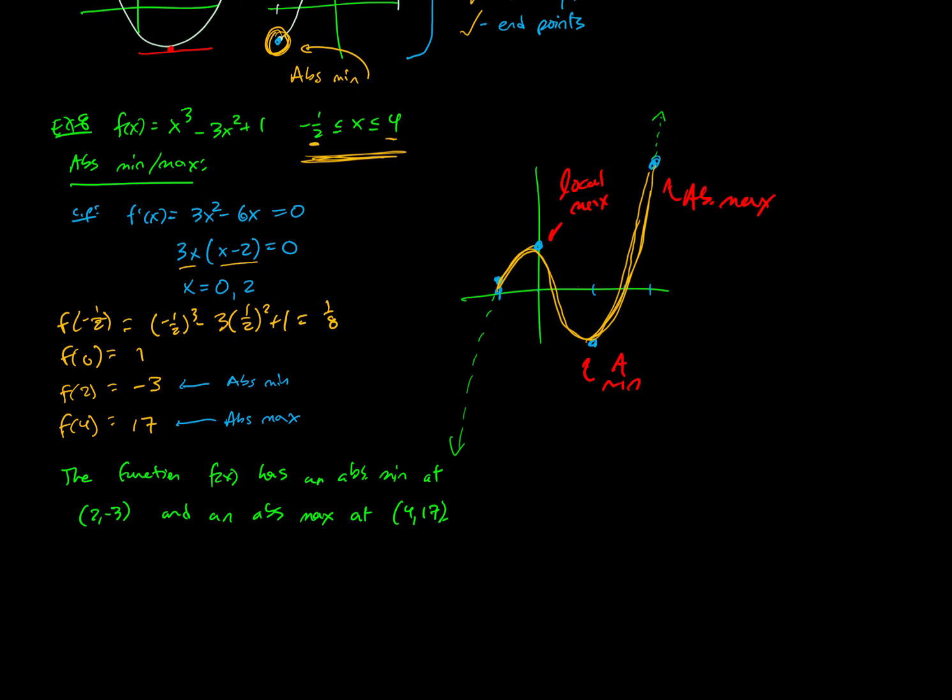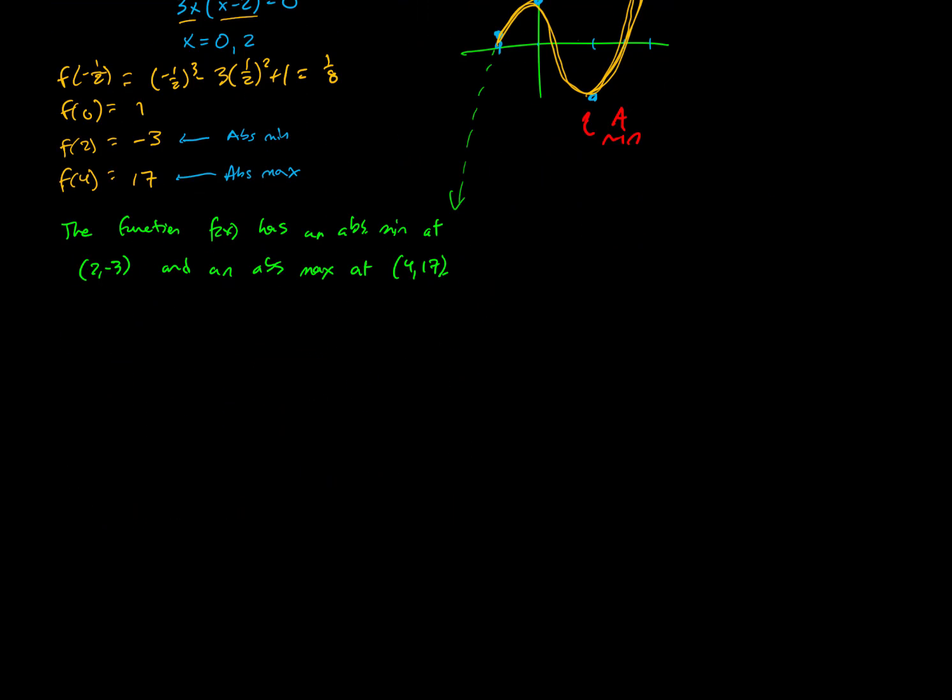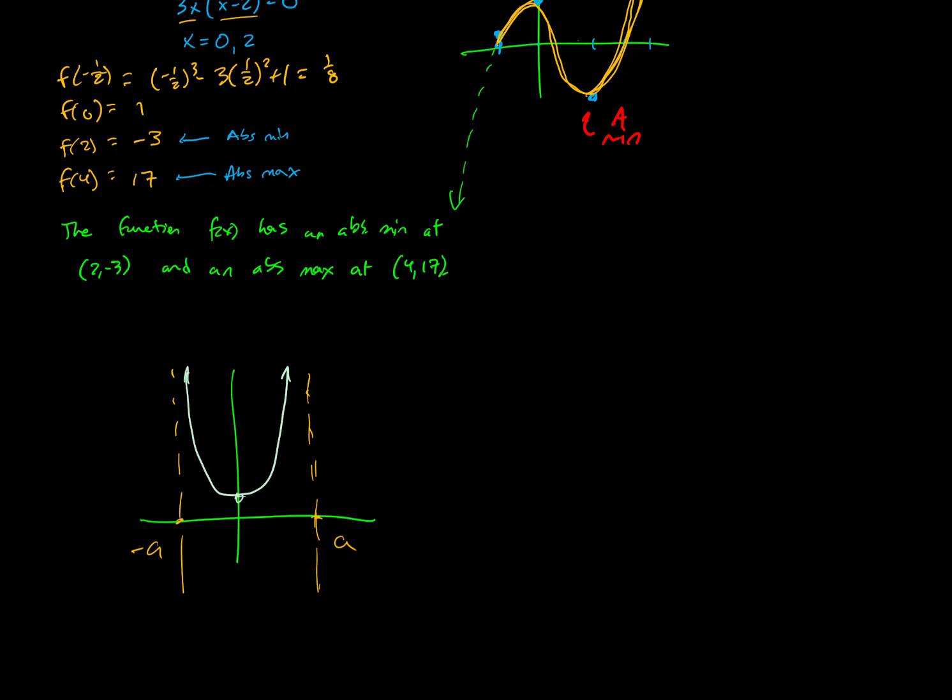There are situations though where you could have a graph that has an absolute min and max, but you don't really have to limit your range. So if you had vertical asymptotes, you might have a function that does something like this. Let's say this is -a and this is +a.